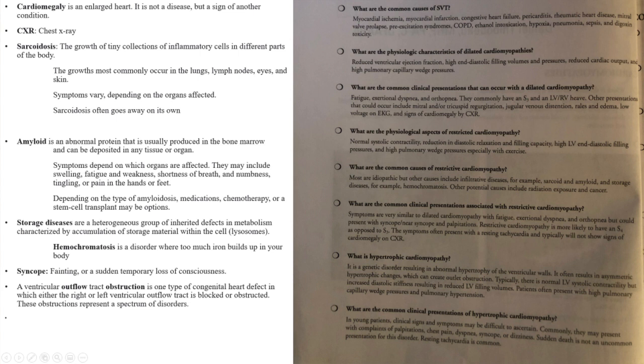What are the common clinical presentations associated with restrictive cardiomyopathy? Symptoms are similar to dilated cardiomyopathy: fatigue, exertional dyspnea, which is difficulty breathing, or orthopnea, or difficult breathing when you're lying down, but gets better when you're sitting up, but could be present with syncope or fainting, near syncope, and palpitations.